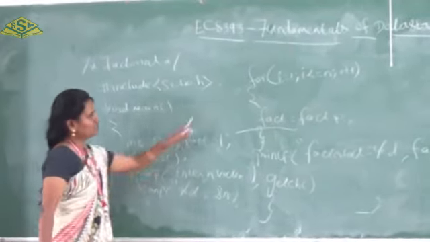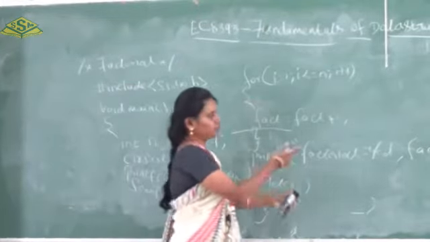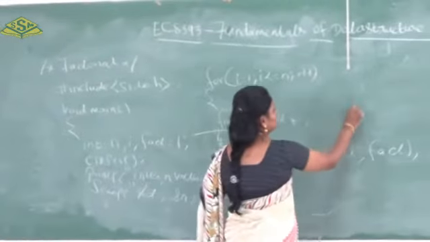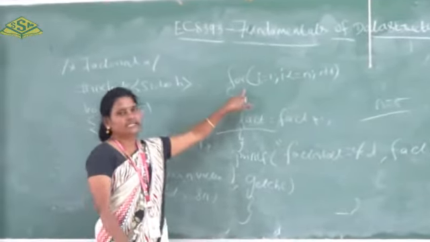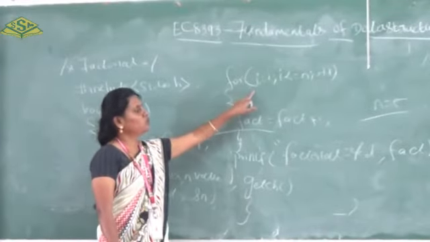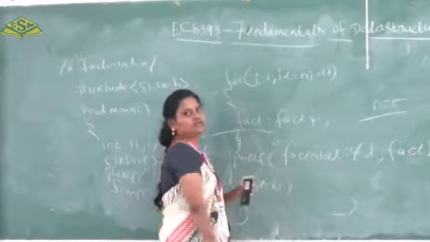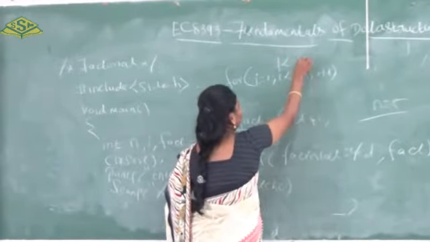Now we can see this section alone. For example, I am going to find the factorial for 5, so n is equal to 5. We have to check the condition. For i is equal to 1, 1 is less than or equal to 5, since I have given n value as 5.